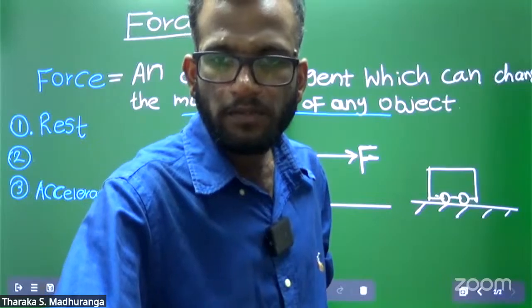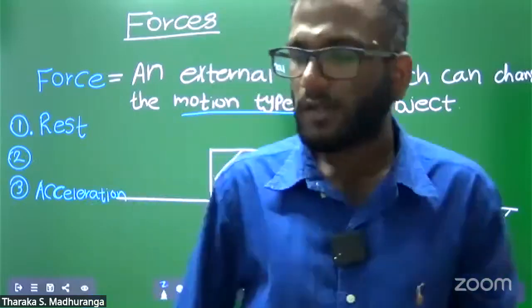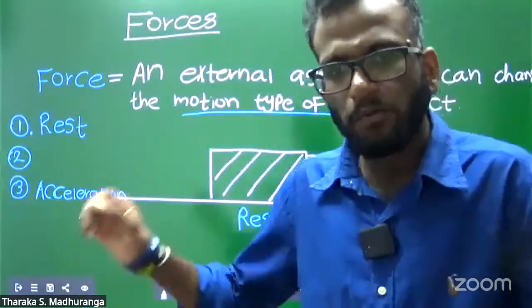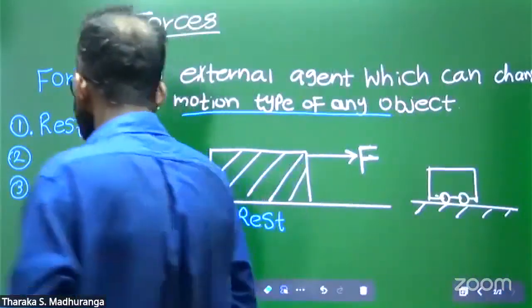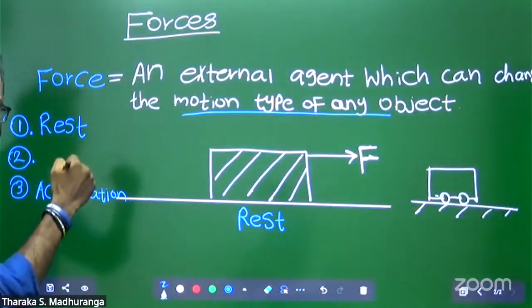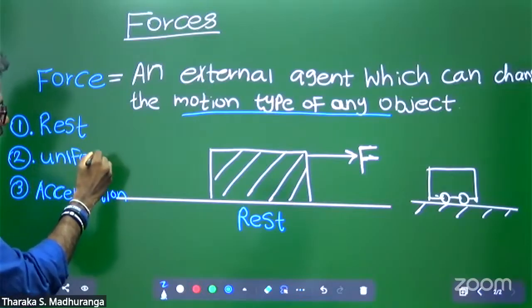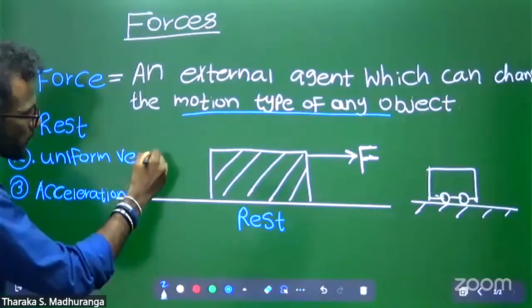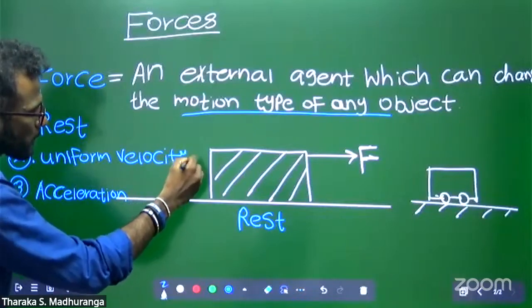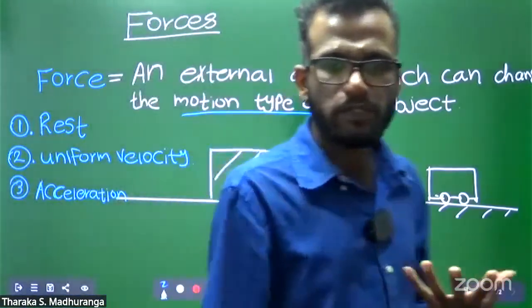Uniform motion is not accurate. It is uniform velocity. That's it. Uniform velocity.